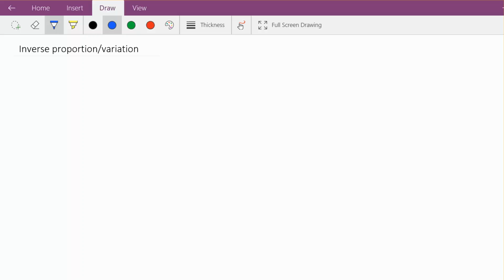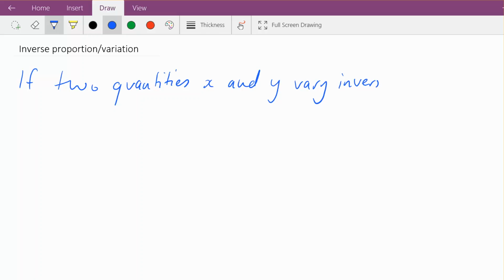Now we can write here, if two quantities X and Y vary inversely with each other, then we can say y equals k over x.